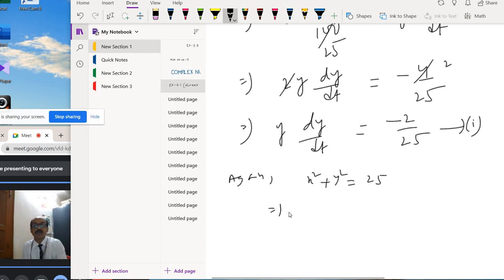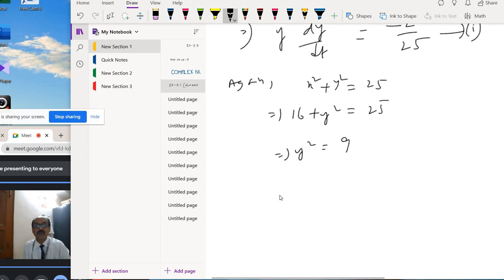So 16 plus y square equal to 25. Now y square equal to 25 minus 16, it is 9. So y equal to plus minus 3. Length is always positive, so y equal to 3 meter.